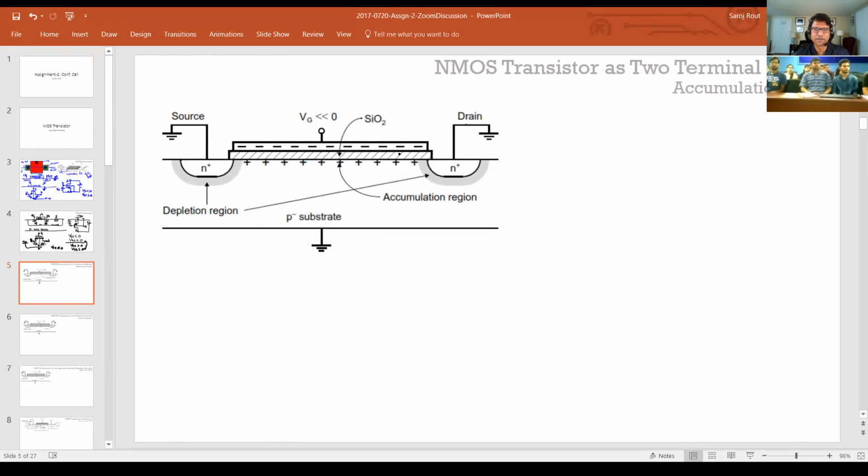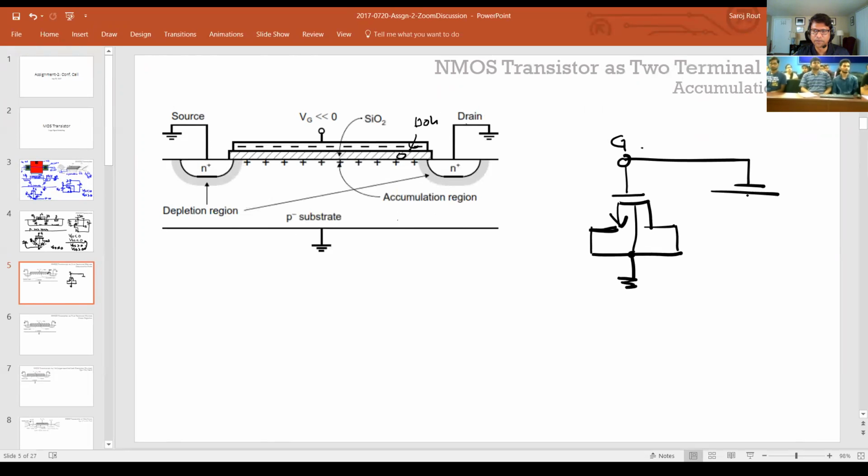You have the oxide layer, that's your poly, and that's your substrate. So here it's functioning as just a two-terminal device. If I show the diagram again, you have the gate, the drain, source, and bulk, they're all connected to ground here. And then I'm going to initially put a negative supply here, okay?